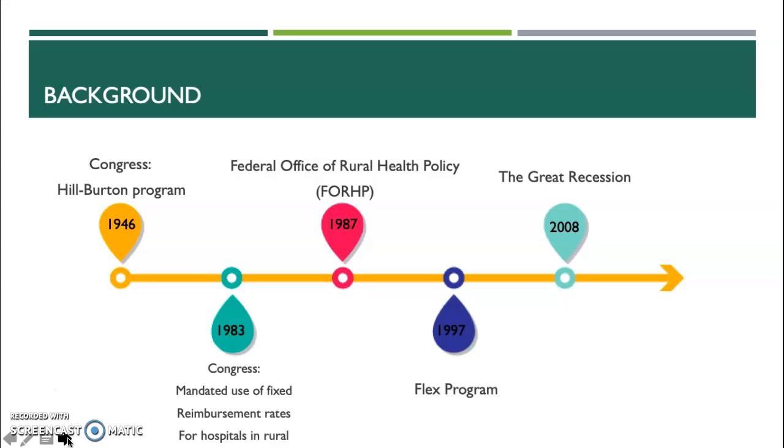And in response to growing concerns over rural healthcare access, the Centers for Medicare and Medicaid Services implemented the FLEX program in 1997, which authorized payment of inpatient and outpatient services on a reasonable cost basis for hospitals designated as critical access hospitals. So the closure trend slowed for several years following the adoption of the FLEX program, but it picked up again during the Great Recession of 2008.